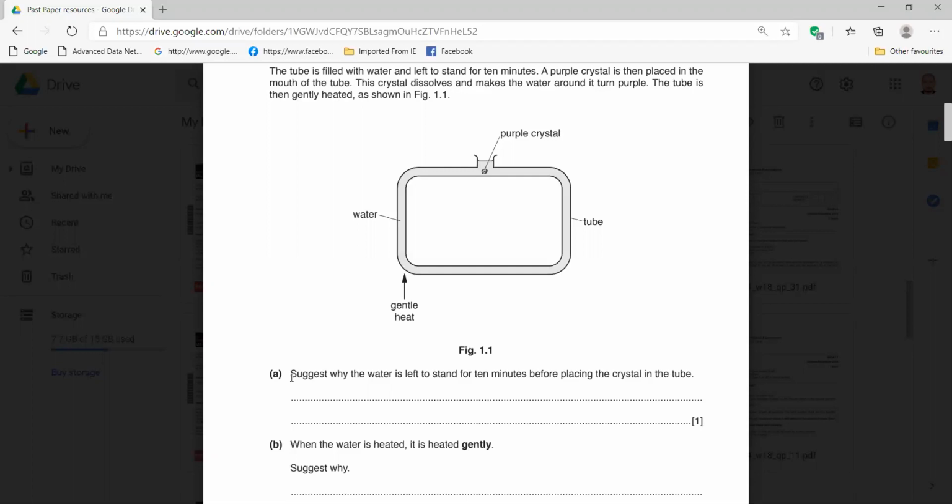Sir, can you explain again? Yeah. If you don't settle down, then what will happen? If your water is not settled down, your purple crystal will dissolve, and some parts of the color will go in different directions, right?